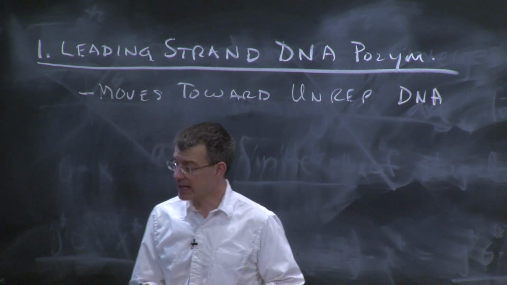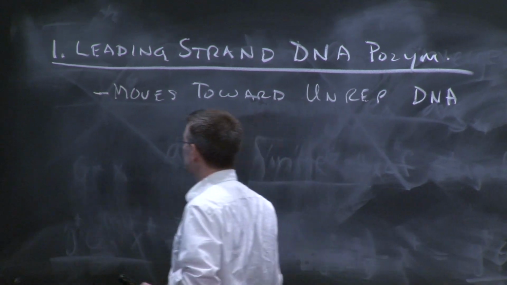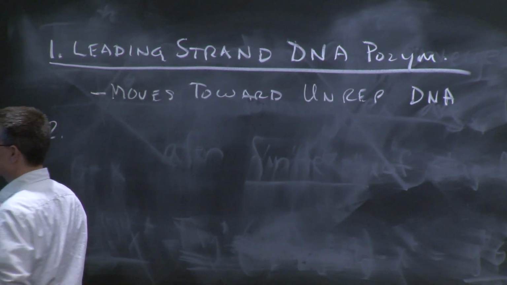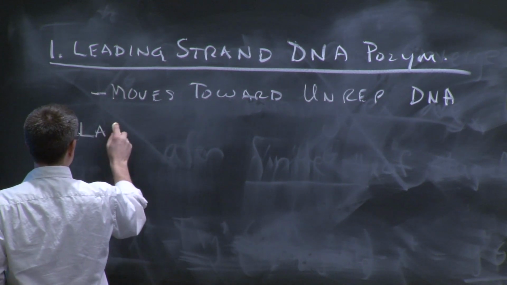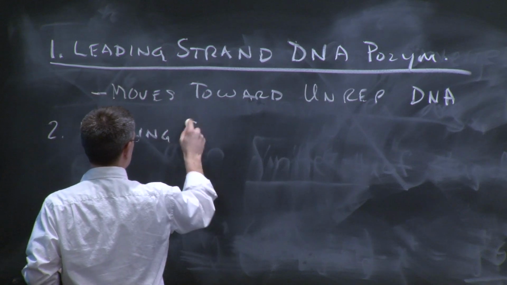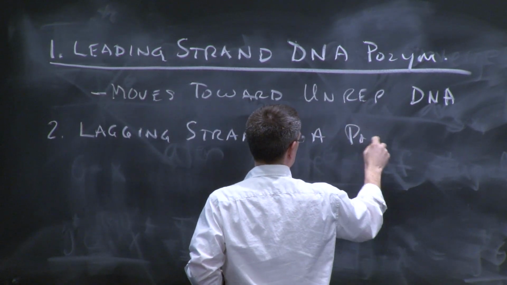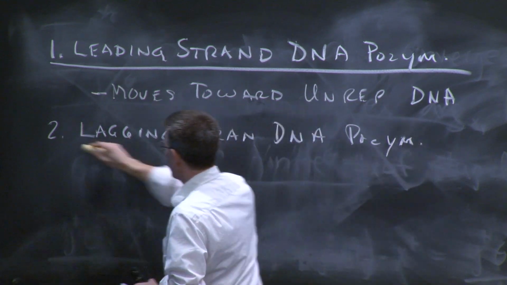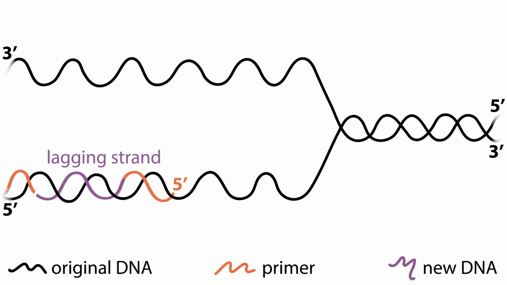Okay, so the second enzyme that acts at the fork is another DNA polymerase. Okay, and it's going to turn out that in some cases these are the same molecule, in other cases they're different. But we're going to call this the lagging strand DNA polymerase. And it moves its direction of synthesis.